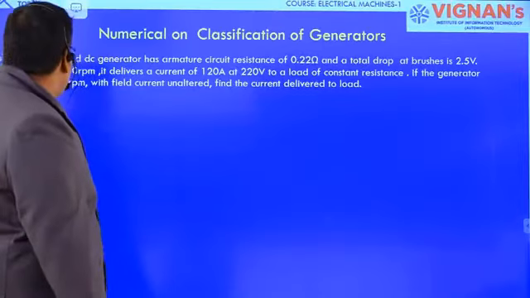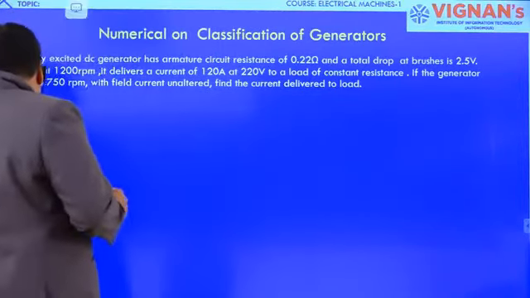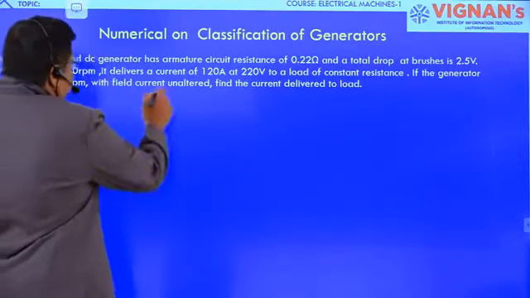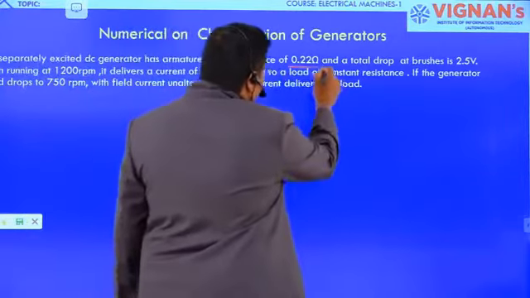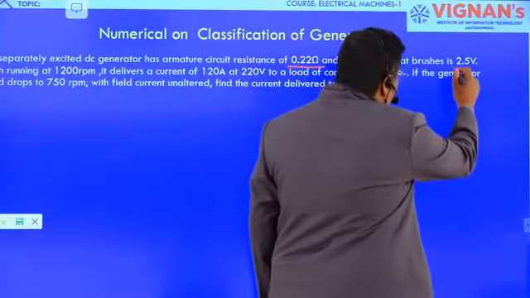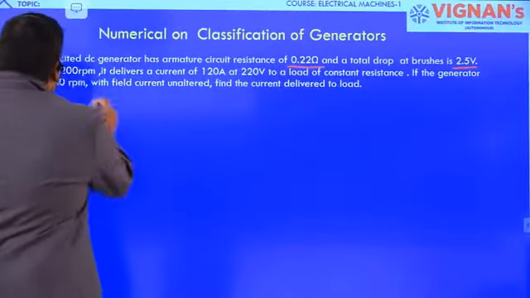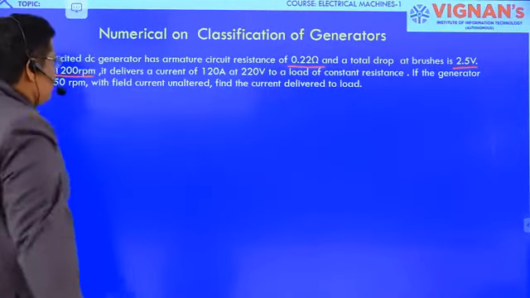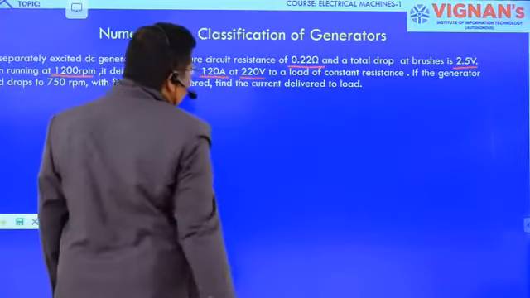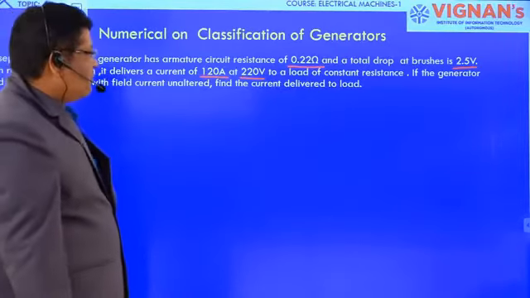Now we will see one more problem. A separately excited DC generator has an armature resistance of 0.22 ohm. The total voltage drop at the brushes is 2.5 volts. When running at 1200 rpm, it delivers a current of 120 amperes at 220 volts to a load of constant resistance.